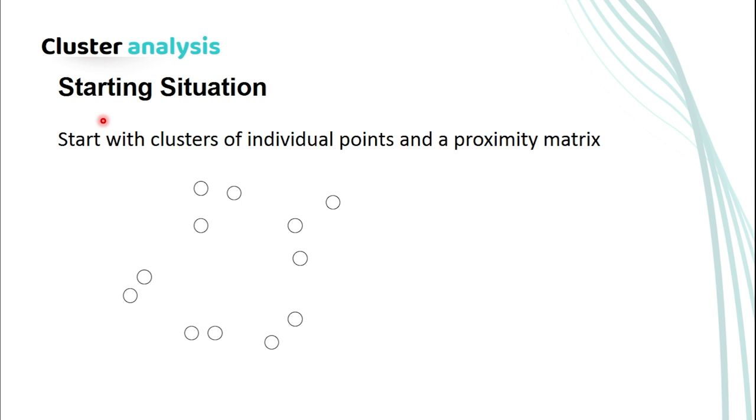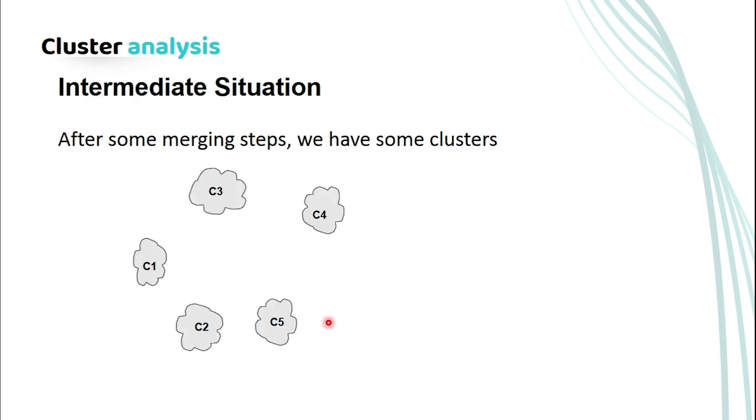In the starting situation, we start with clusters of individual points and a proximity matrix. Here we have several points, and we consider each point a cluster. In the intermediate situation, after several steps of merging, we have some clusters like this one. In this case we have 5 clusters.